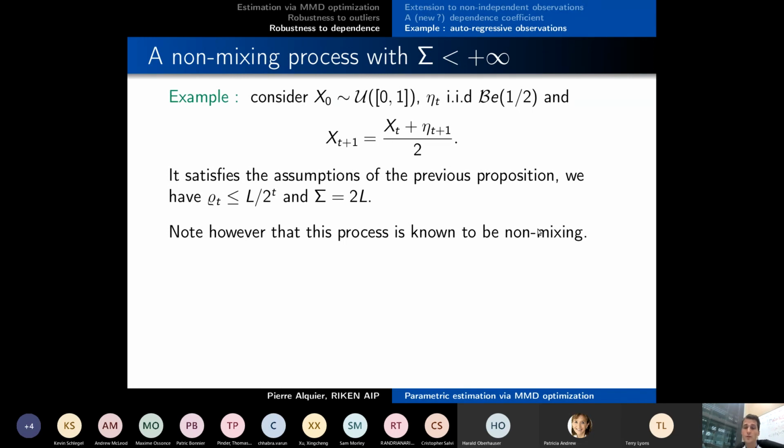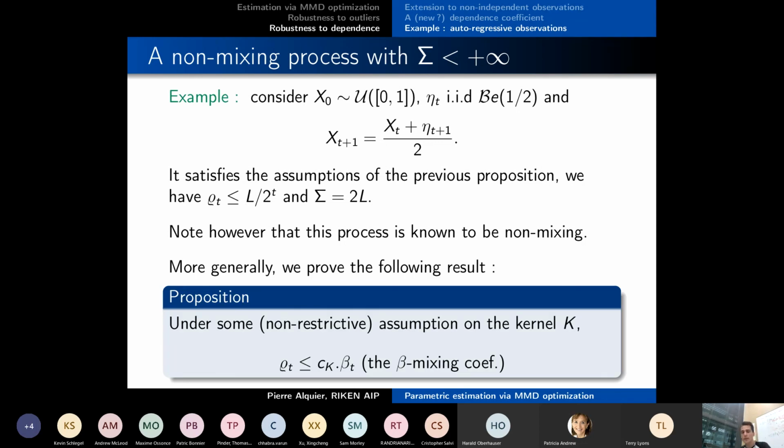So if you use results on alpha or beta mixing, you cannot prove the limit result for this, even though in this case it's quite simple to prove that it will satisfy the law of large numbers, etc. Anyway, our coefficients rho t in this case go to 0 exponentially fast, which means that if your observations have that kind of dependence, then you would recover a consistent estimation as in the independent case.